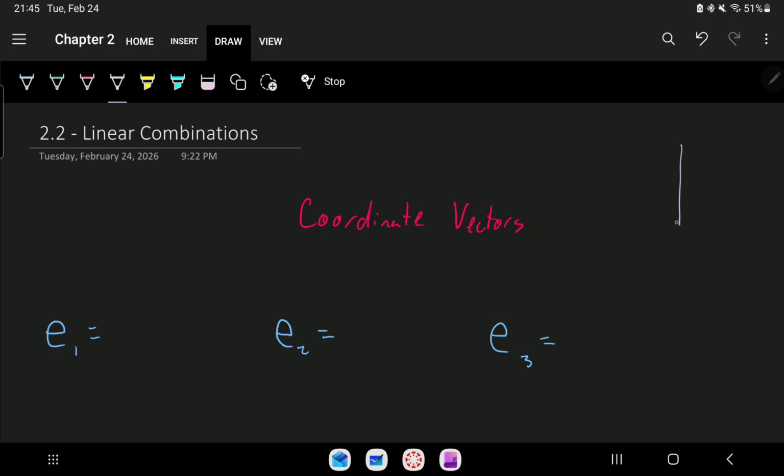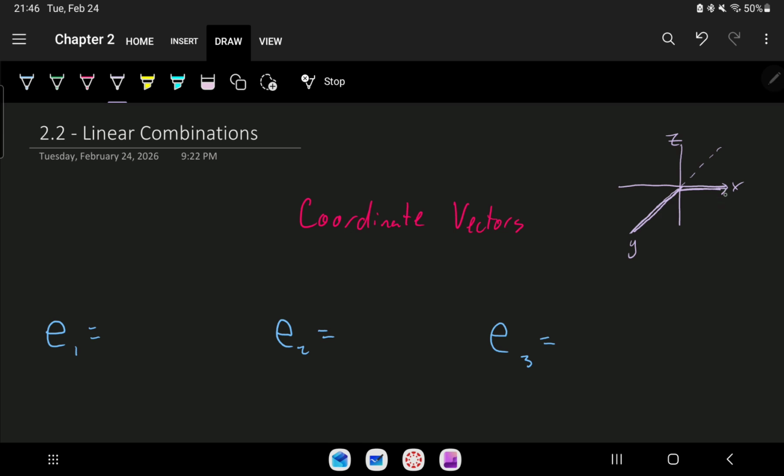If you have a 3D graph, you have three axes, X, Y, and Z. And since vectors can be represented graphically, it's going to be important to be able to represent the axes.